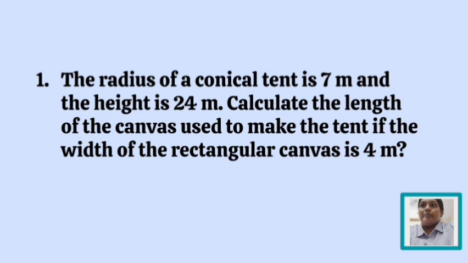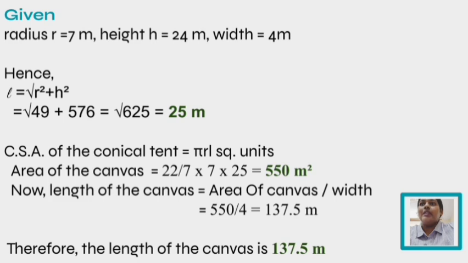Now let's solve a problem. The radius of a conical tent is 7 meter and the height is 24 meter. Calculate the length of the canvas used to make the tent if the width of the rectangular canvas is 4 meter. So let's take a moment. It's about a conical tent, a tent shaped like a cone. They gave us the radius, r is equal to 7 meter, height is equal to 24 meter, and the width of canvas is 4 meter.